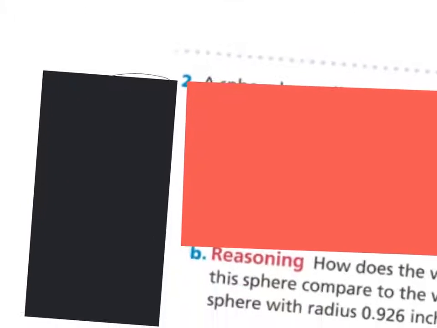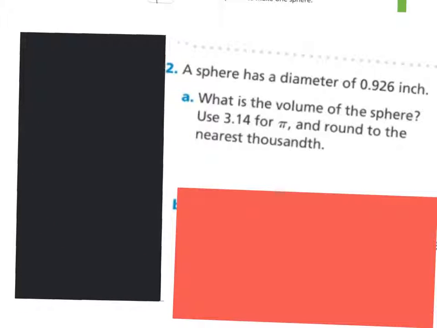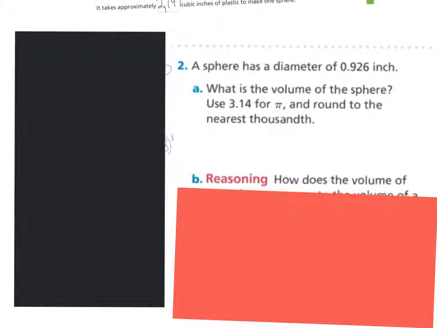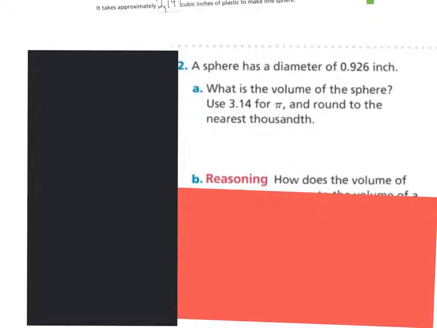If we look at number 2, a sphere has a diameter of 926 thousandths of an inch. And the question, what is the volume of the sphere? So again, you could start out with your formula. What we have to think about, it does tell us to use 3.14 for pi.